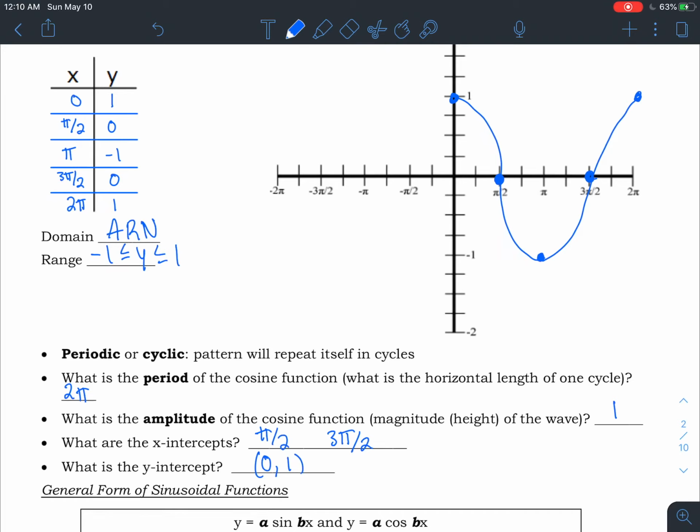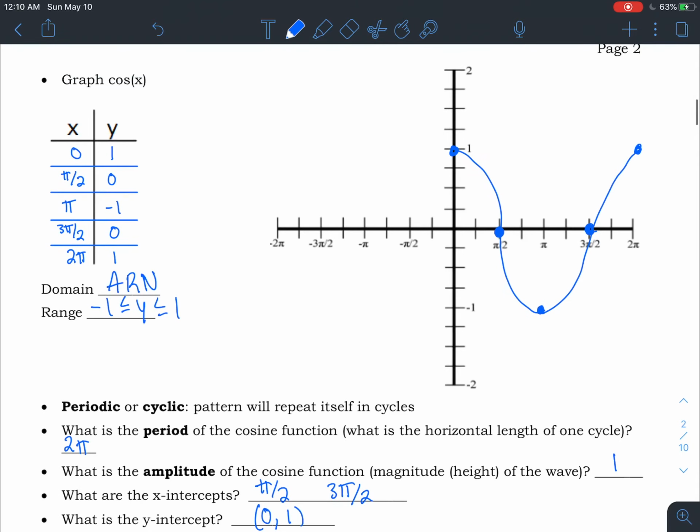And that's really going to be the big focus, just knowing where those y-intercepts are. For sine, you start at the origin. For cosine, you start at one of the 2 points, so either the crest or the trough, depending on what our graph looks like. Okay.